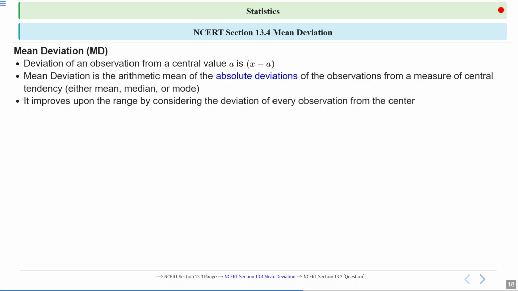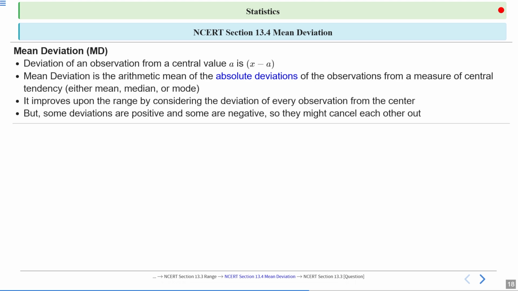Mean deviation improves upon the range by considering the deviation of every observation from the center, unlike the range which only looks at the extremes. Mean deviation gives us a more comprehensive view by including all data points.